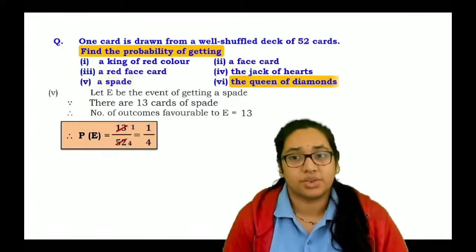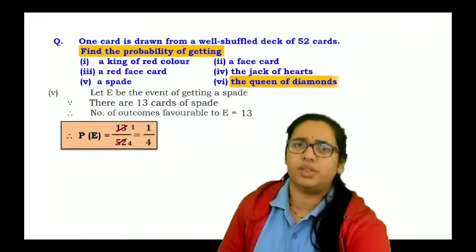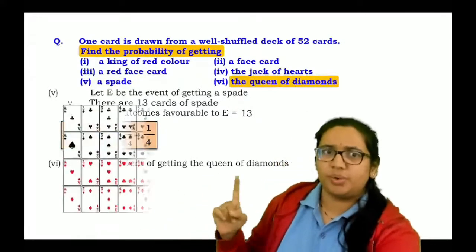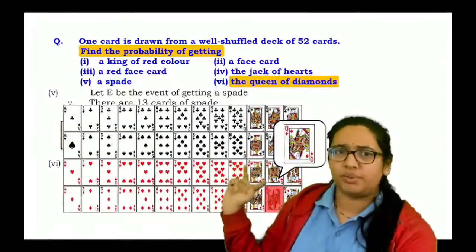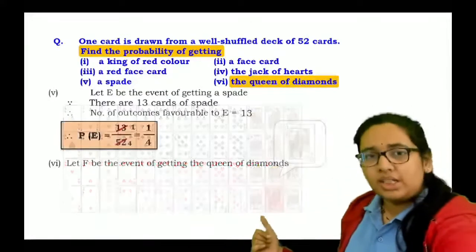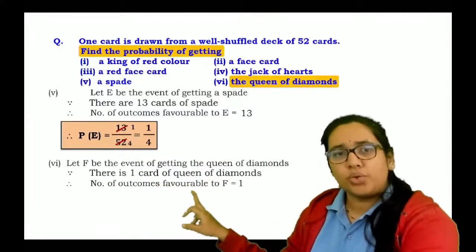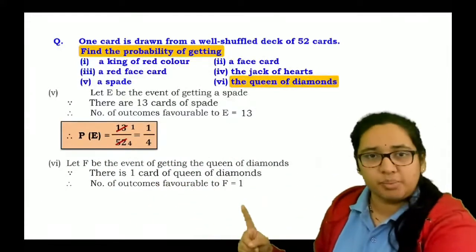Now, the last question of this type, the Queen of Diamond. We know that there will be only one Queen of Diamond, right? Therefore, the number of outcomes favorable to it is nothing but 1.